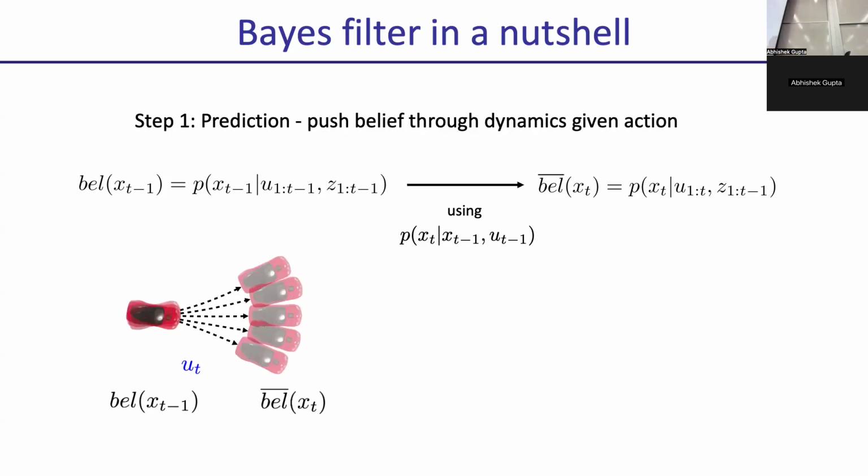Okay, so intuitively, how do we think that belief at t-1 and belief bar are going to be connected? Any guesses?